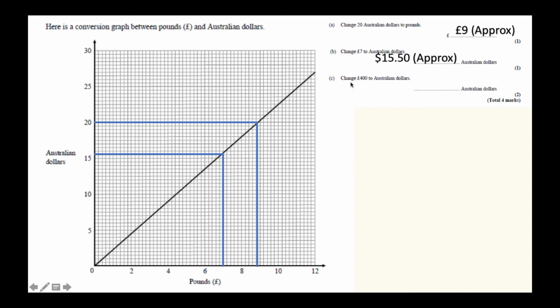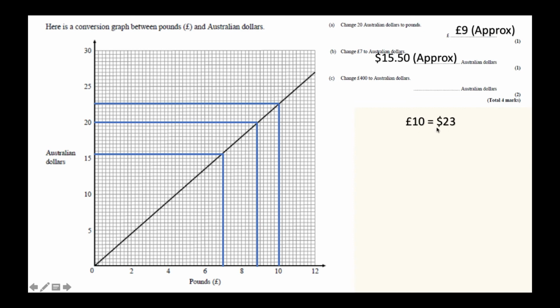The final one says to change £400 to Australian dollars. So we don't know what £400 is. It doesn't tell us that on our grid anywhere. So we're going for pounds. So what I can do is do £10. £10 in Australian dollars looks to me like about $23 approximately. You could say $23.50 if you wanted. Okay?